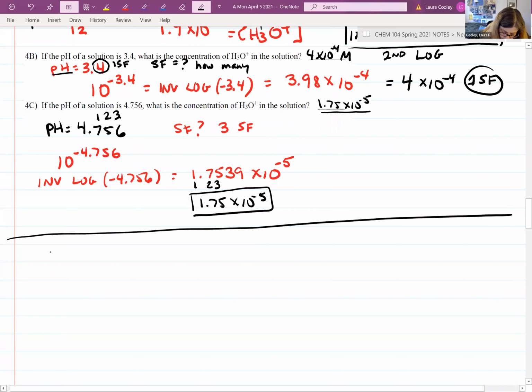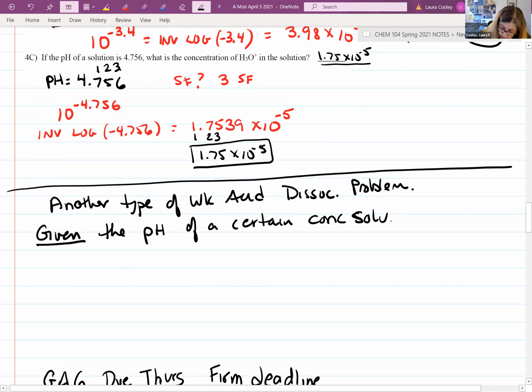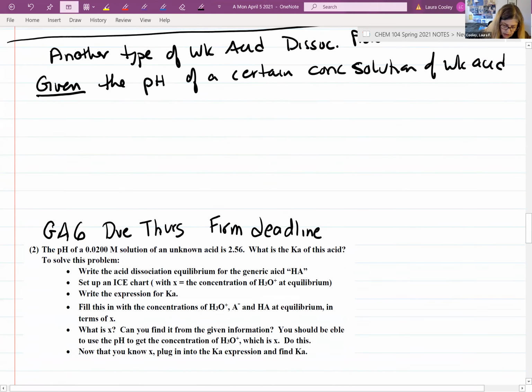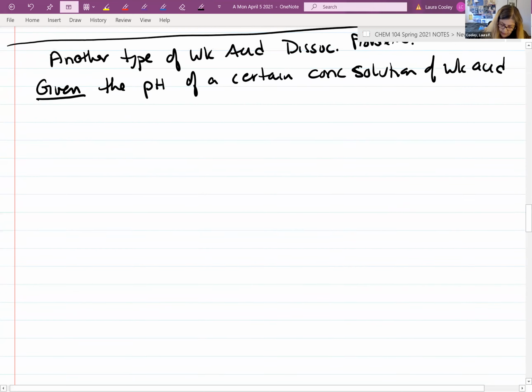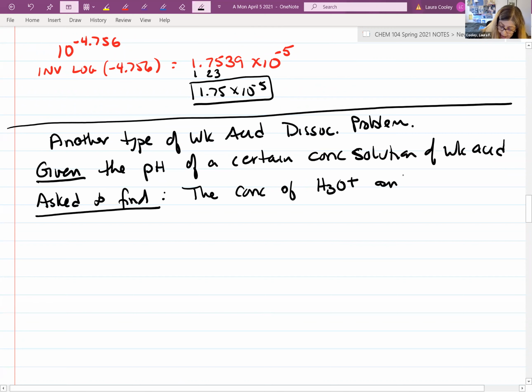This is another type of weak acid dissociation problem, where you're given the pH of a certain concentration solution of a weak acid, and you're asked to find the concentration of H3O plus and the Ka. So you don't look up the Ka in this type of problem. You wouldn't be given it.